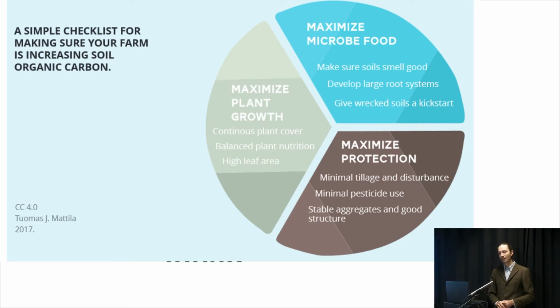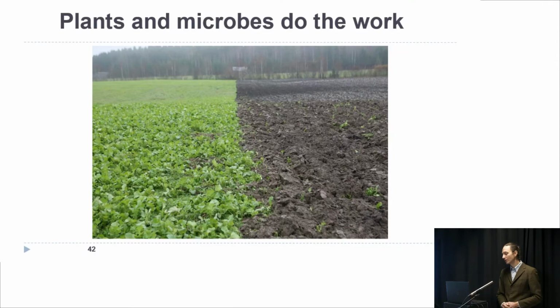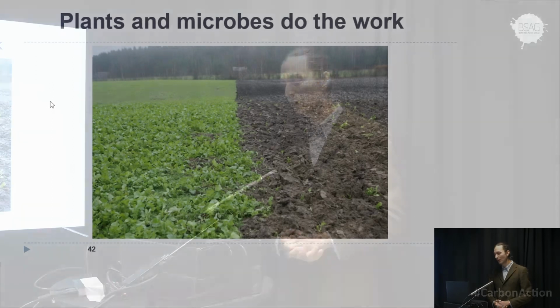And maximizing cover means minimizing disturbance, both mechanical and chemical, meaning minimizing tillage and minimizing pesticides. To simplify even more, plants and microbes sequester the carbon. According to current understanding, long-lasting soil carbon consists of entombed microbes.